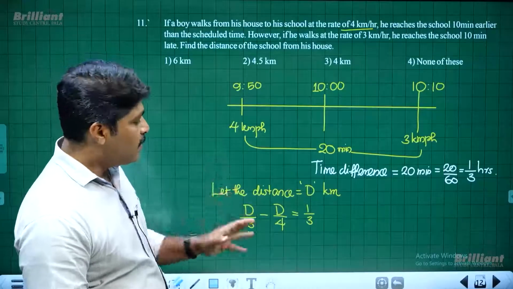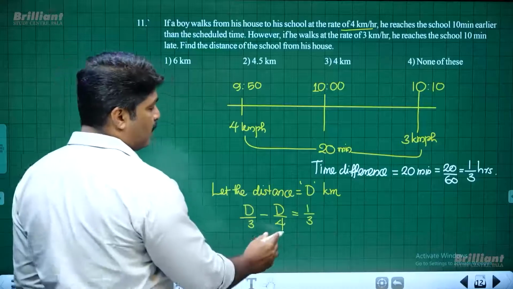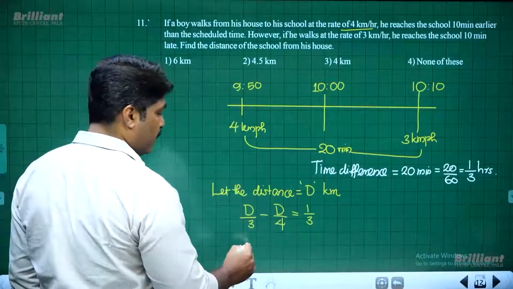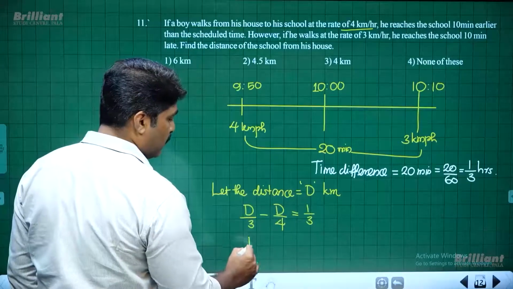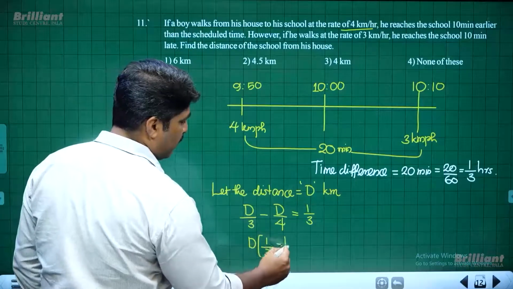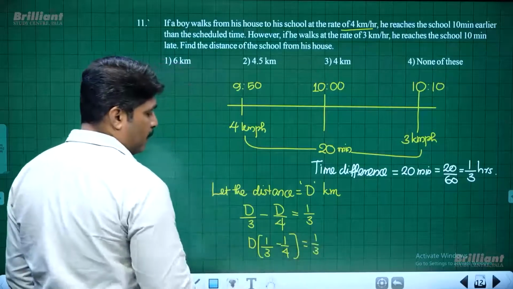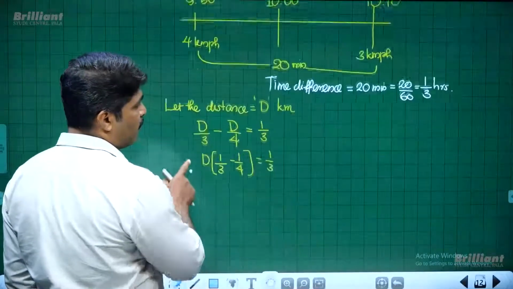So this is the simple step. While simplifying, we get D/3 minus D/4 equal to 1/3, or simply D into (1/3 minus 1/4) is equal to 1/3. Then how to do this step of operation?